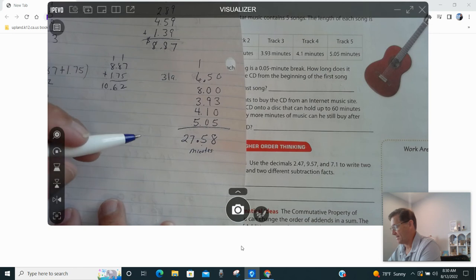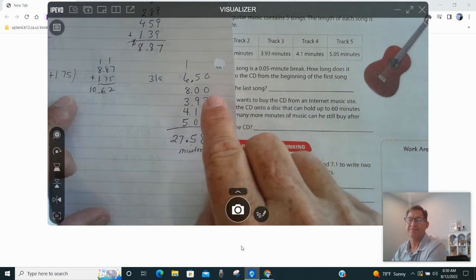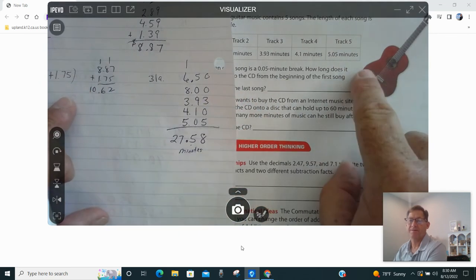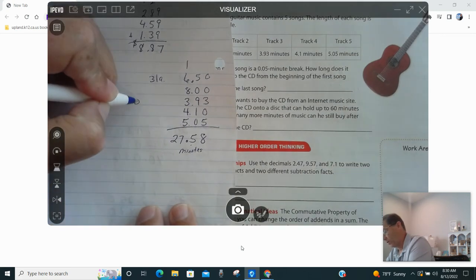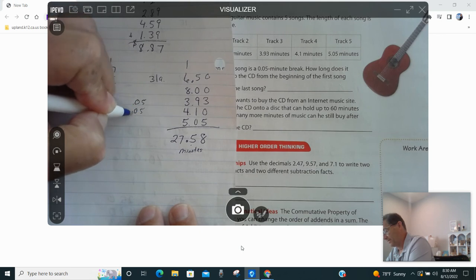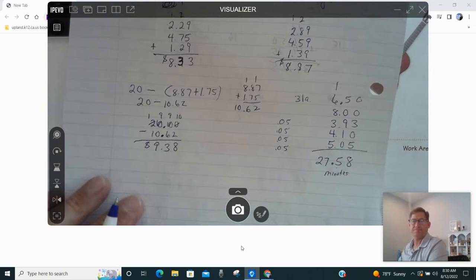We also need the 5/100th minute break between the songs. Okay, we don't need a 5/100th minute break at the end, so we need to add 4 5/100ths. Okay.